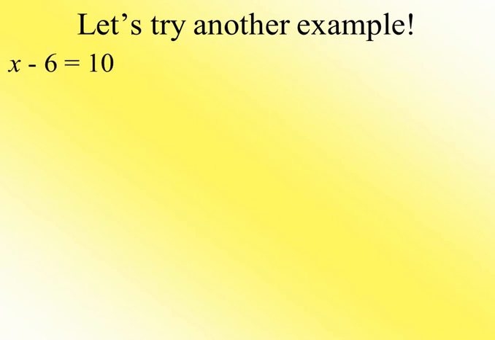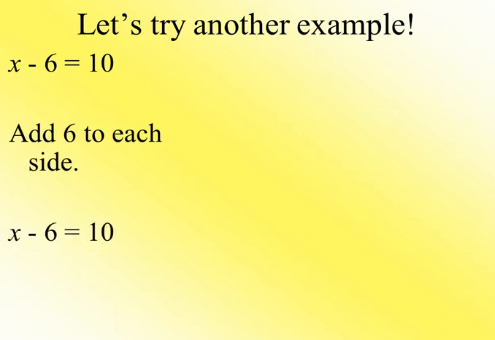So if I had something like x minus 6 equals 10, I want to know what x is. I want to isolate the variable. What's the opposite of minusing 6 from something? Adding 6. And whatever I do to one side, I have to do to both.